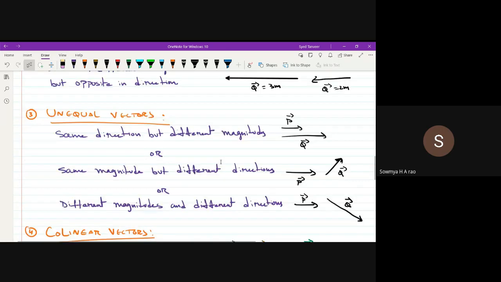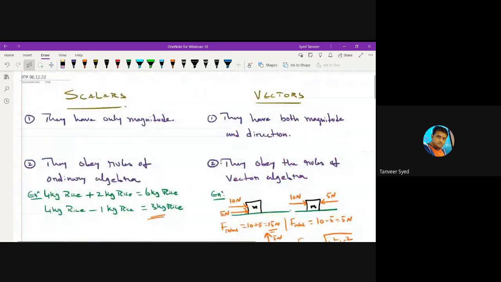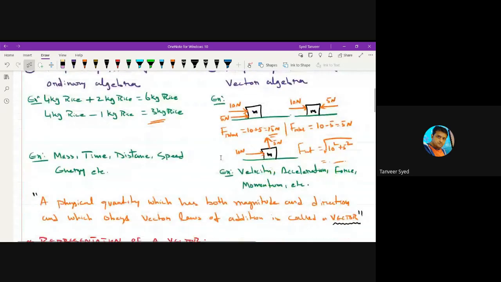You cannot add vectors like ordinary numbers. In mathematics, 10 plus 5 is always 15. But in vectors, 10 plus 5 can be 15, 10 plus 5 can be 5, 10 plus 5 can be 11, 10 plus 5 can be 6 also. How you get those different possibilities, you'll come to learn later.